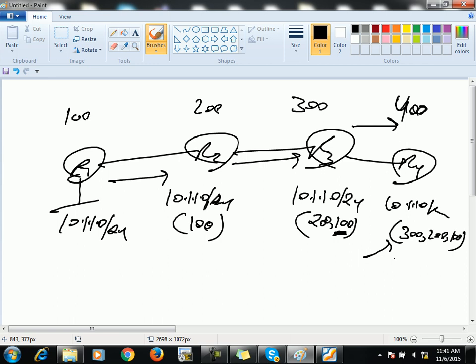A path with a lower number of ASs will be preferred. But what if you receive the same prefix from two different neighbors with the same number of ASs inside the AS path list? Then your device won't be able to perform path selection based on the AS path attribute.